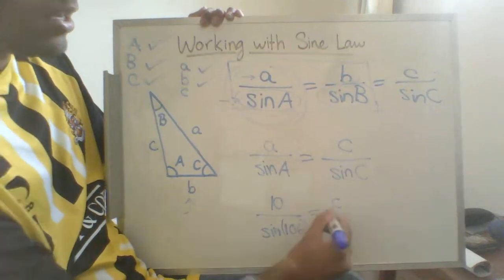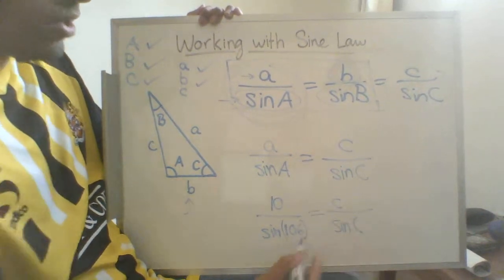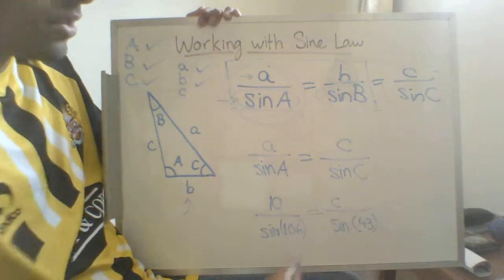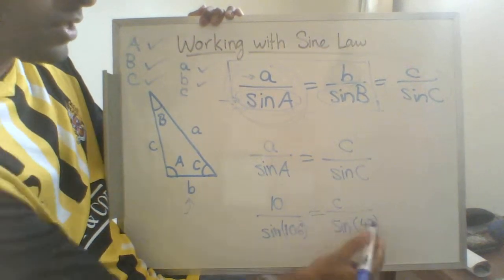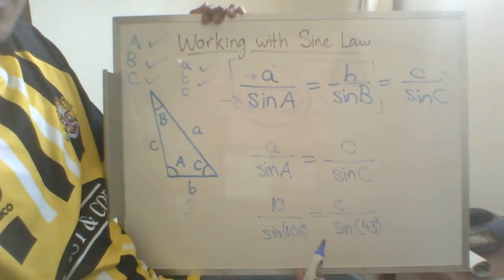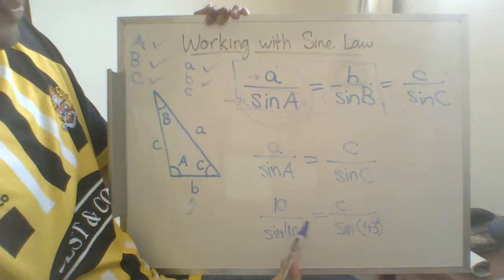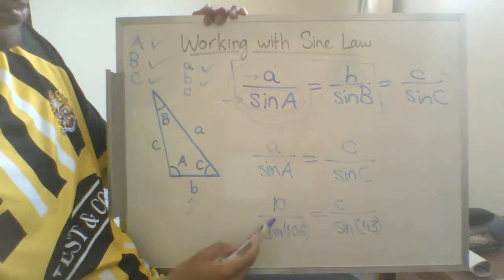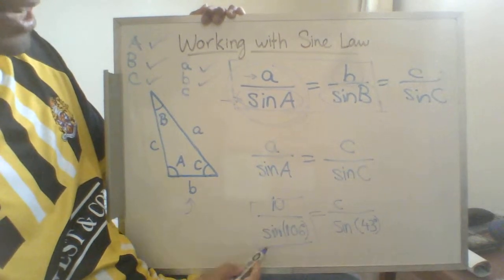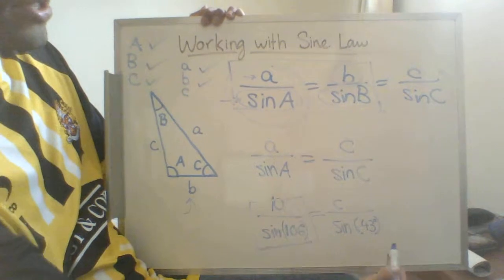Okay, so we've got 10 divided by sine of 106, which is some number, equals the length of side C divided by sine of the angle C, which we found earlier to be 43 degrees. Right? So we had 106 degrees there and 43 degrees there. Now sine of 43 degrees is also just some number. So we have some number over here, 10 divided by sine of 106, and some number over there, C divided by something.